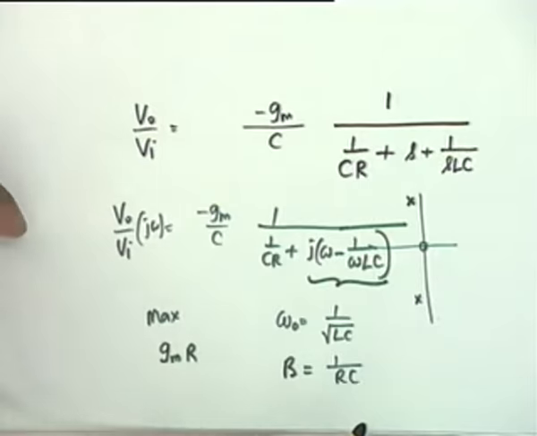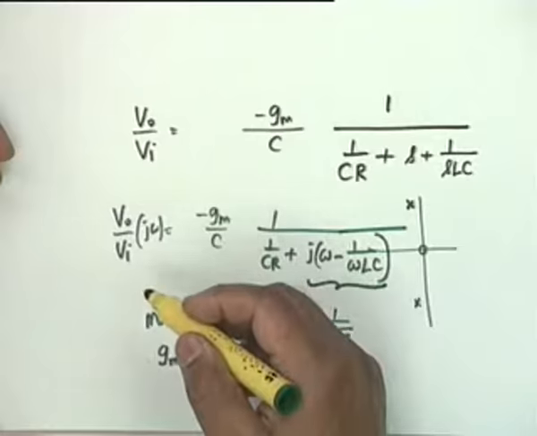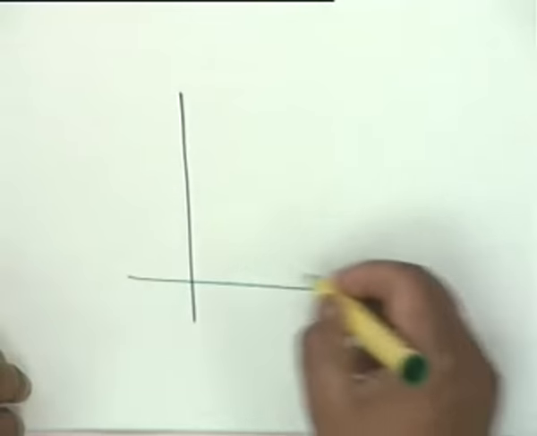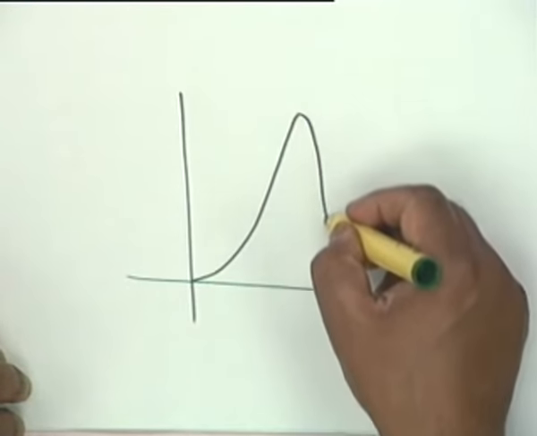You must have done this in your circuit theory class, but if you have not done it, take the magnitude, find out the values at which the magnitude is 1 by root 2, and then find that this is the story. That is, what we have achieved is something like this.